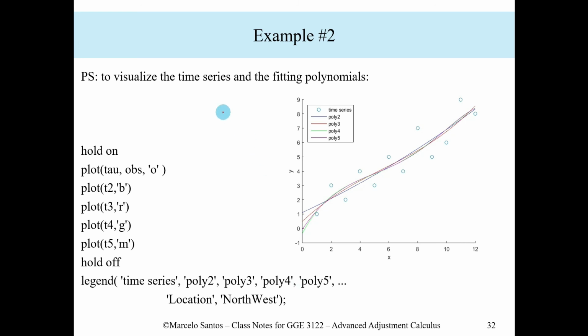So here we have a visualization of the situation. We have the time series in blue, these blue circles. We have the polynomial fitting for degree 2, degree 3, degree 4, degree 5.